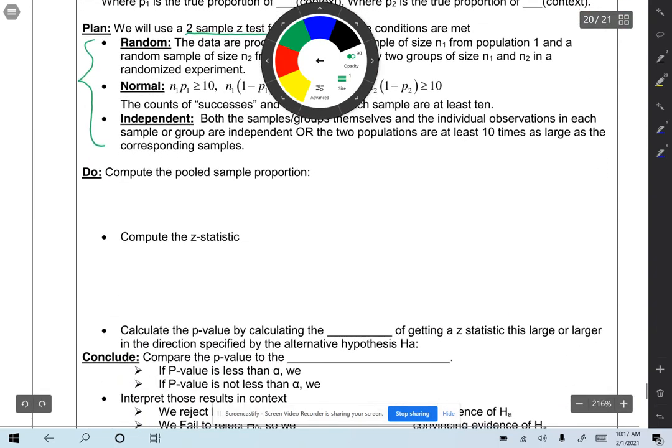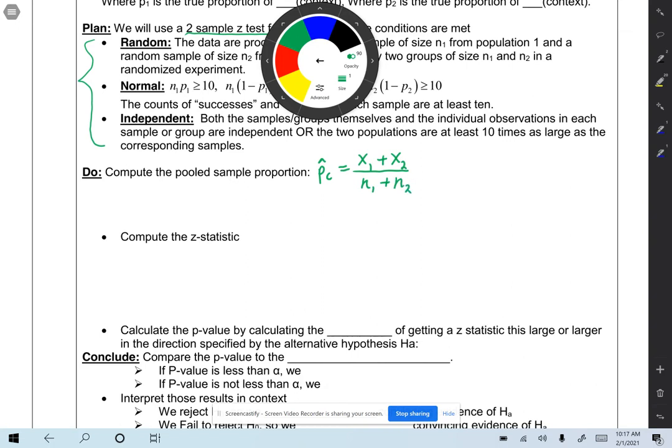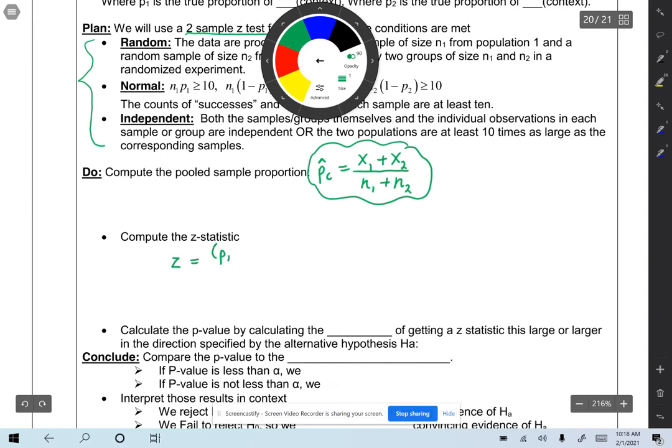Then in the do portion, you're going to compute the pooled sample proportion. So that would be P hat C is equal to x1 plus x2 divided by n1 plus n2. And this is on your formula sheet. This whole thing is on your formula sheet. And then to compute the Z statistic, our Z statistic is equal to P1 hat minus P2 hat, and this is going to be 0.